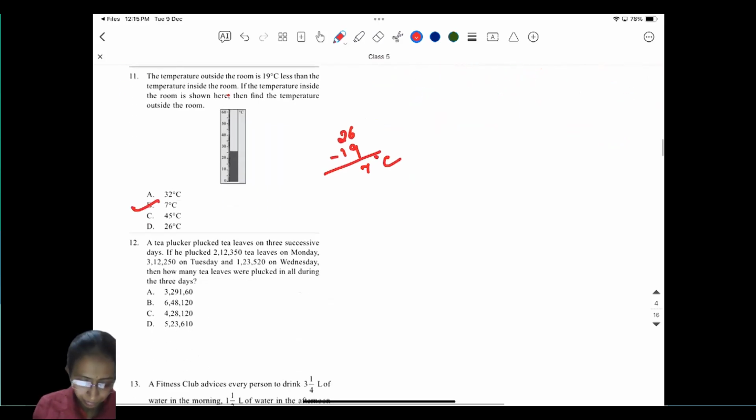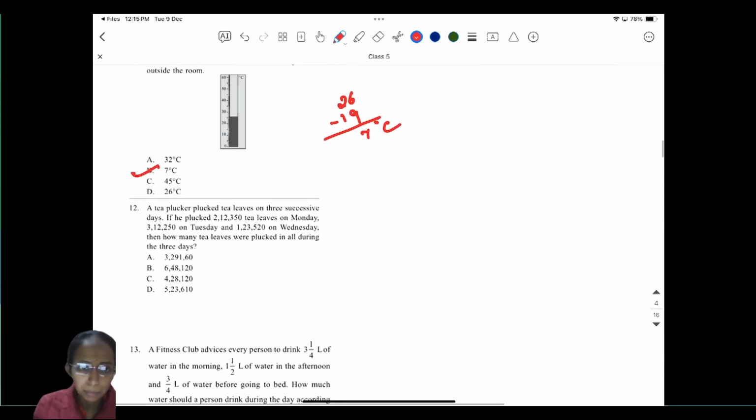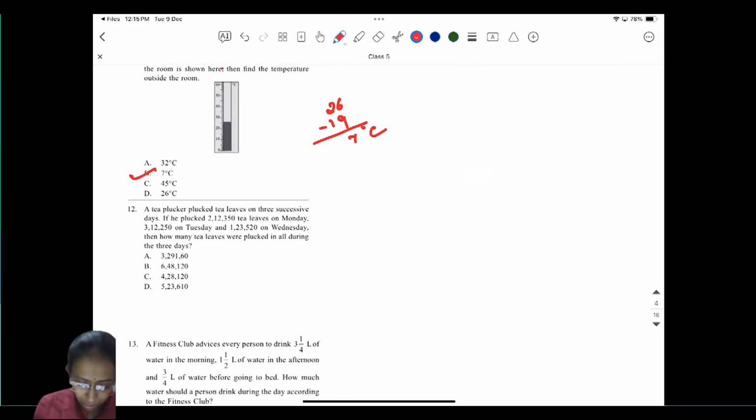Okay. Now the 12th one, a tea plucker plucked tea leaves on 3 successive days. If he plucked this much tea leaves on Monday, this much on Tuesday, and this much on Wednesday, how many tea leaves were plucked in all during the 3 days? So we just have to add these 3 numbers.